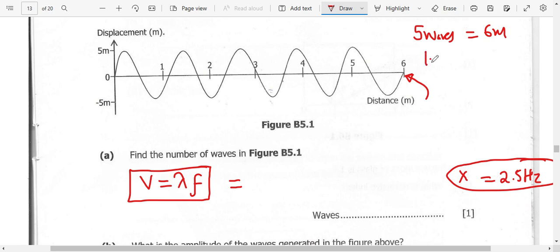So one wave is equal to wavelength, and that is the symbol for wavelength. So just multiply 5 times wavelength, lambda, that will be 5 lambda, and then 1 times 6, that will be 6. So to remain with the wavelength, lambda, simply divide 6 by 5.